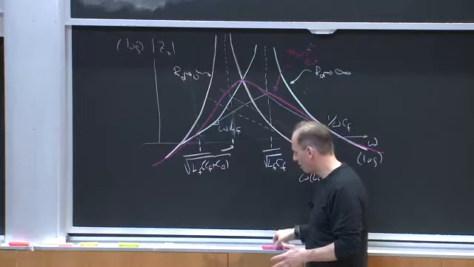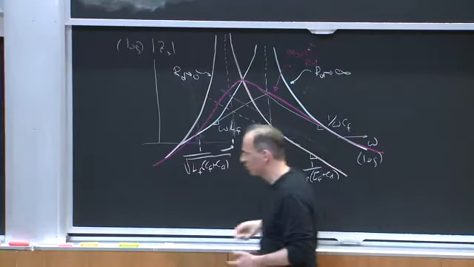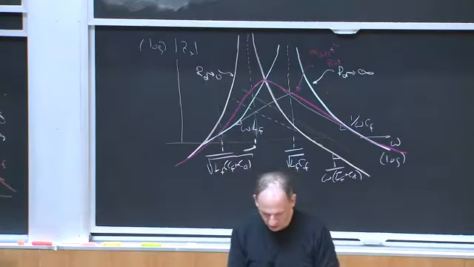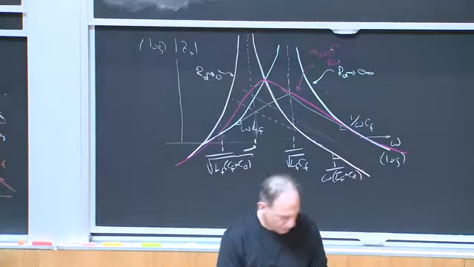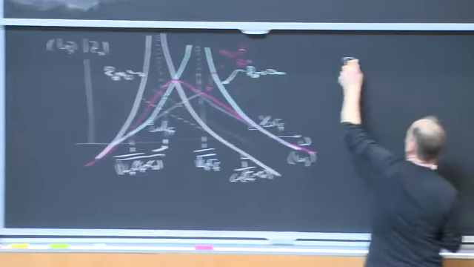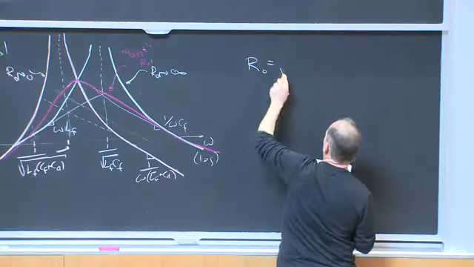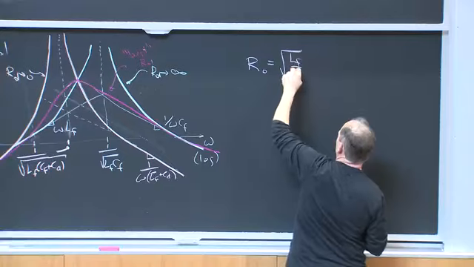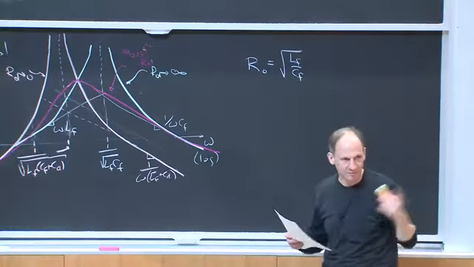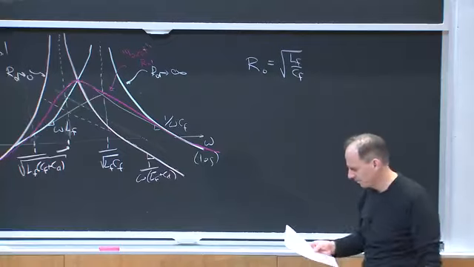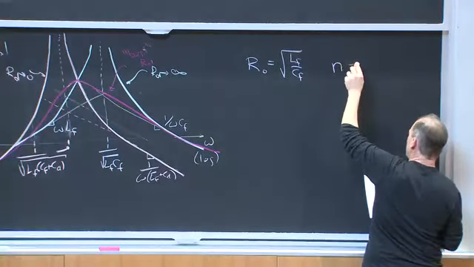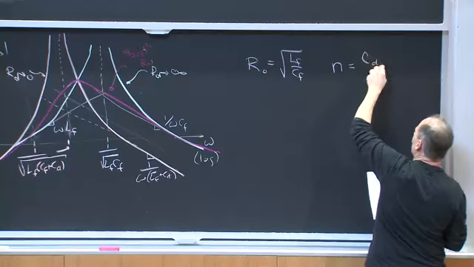I'm not going to derive this. It's nicely derived in one of the handouts that I provided. But here's the final result. I define R naught as equal to the square root of LF over CF, the characteristic impedance of my original LF CF branch, and I define n as equal to CD over CF.